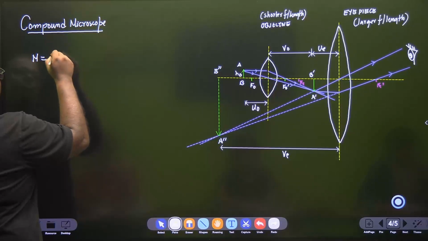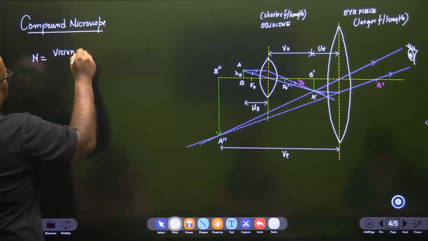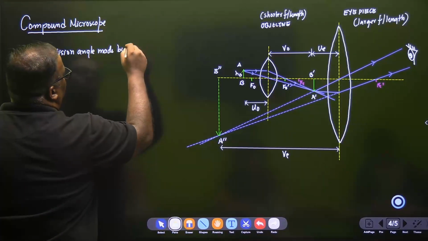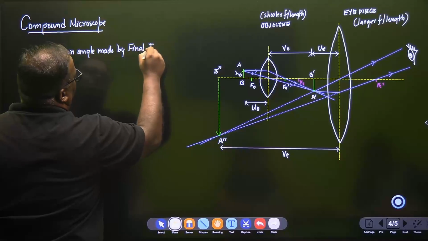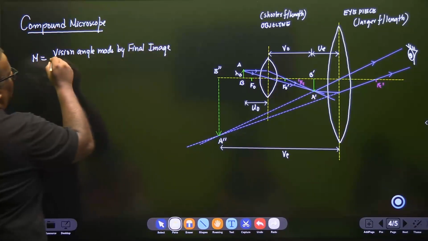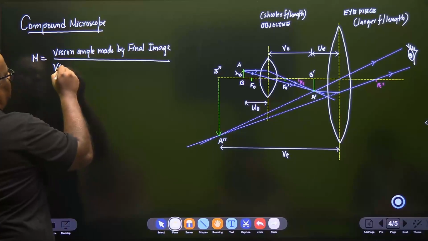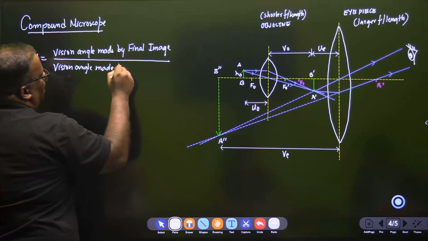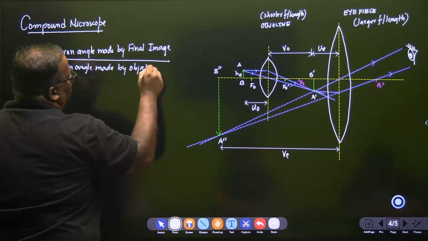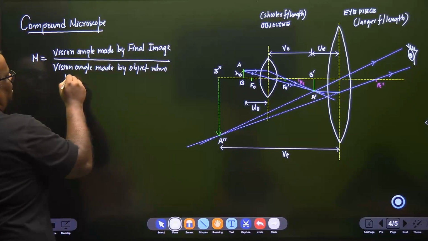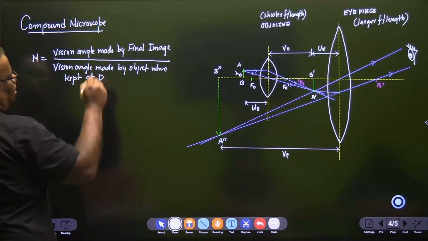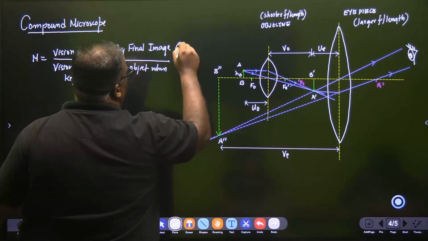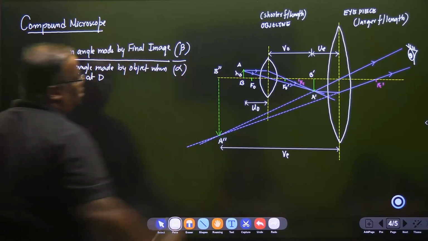Magnification, same, vision angle made by final image divided by vision angle made by object when kept at D. Object kept at D, which will be known as beta upon alpha, right?